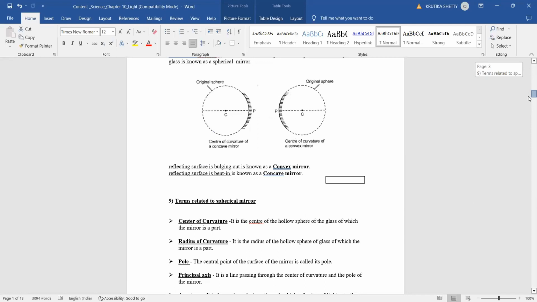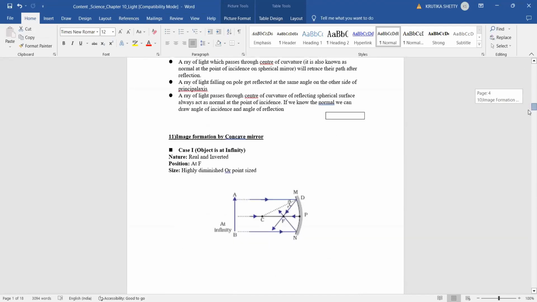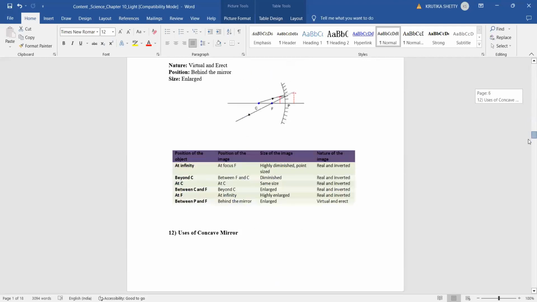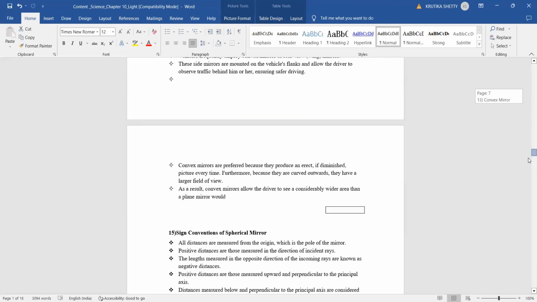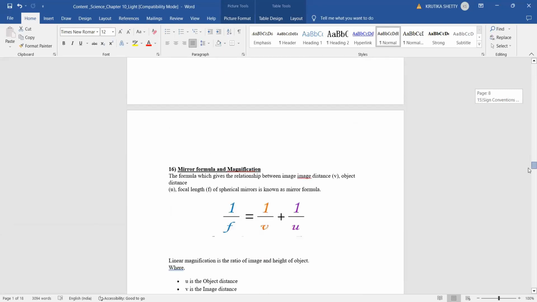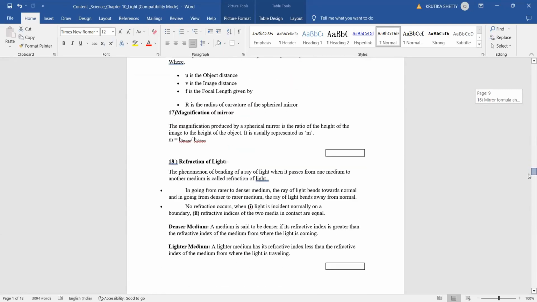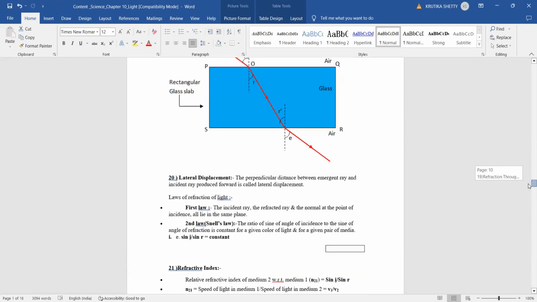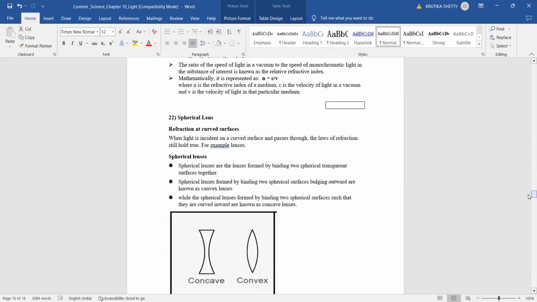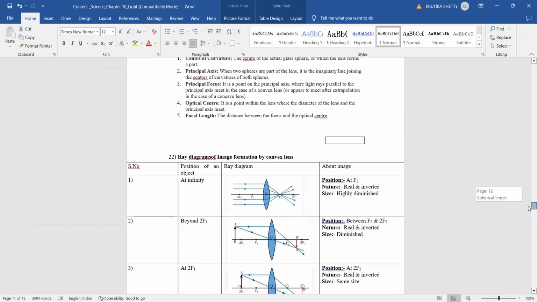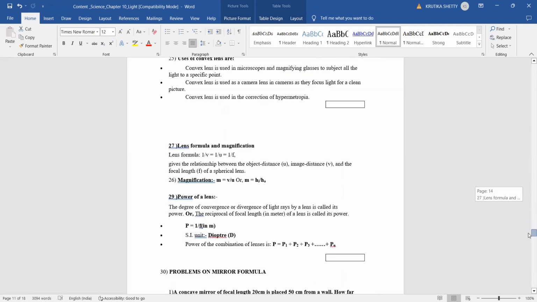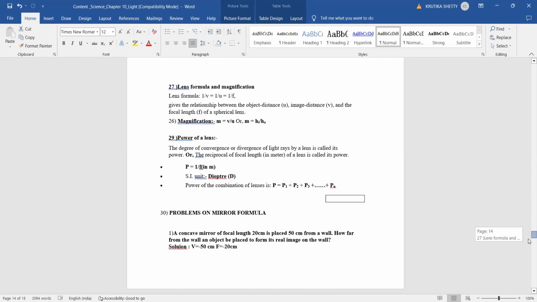Next, convex and concave mirrors, how the image formation takes place, the uses of concave and convex mirror, mirror formula, magnification. Then we studied refraction through a glass slab, first law, second law, refractive index. Then lenses, convex and concave lenses, image formation, lens formula. The lens maker's formula you don't have, you have only the lens formula, magnification, power of a lens.